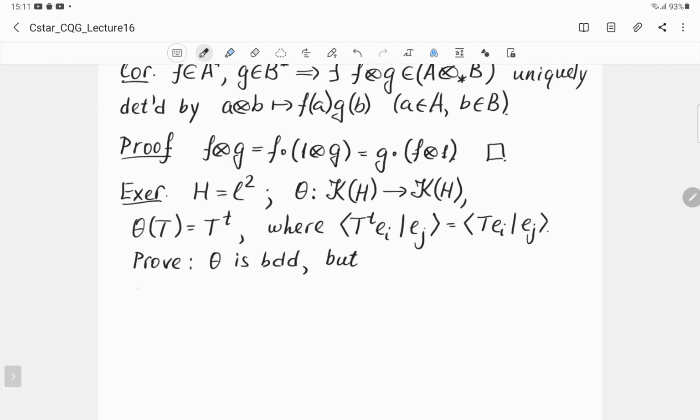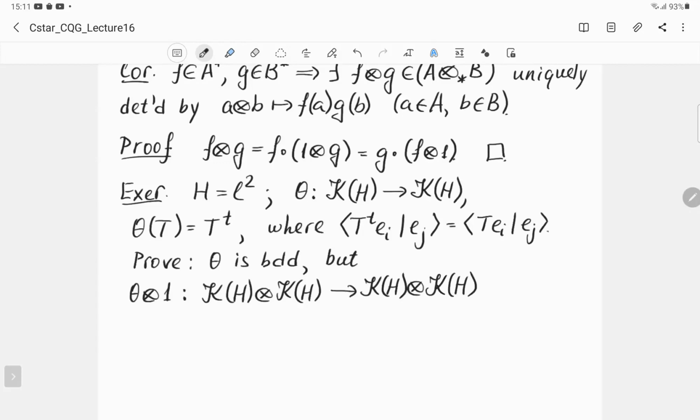But if we consider the tensor product with the identity map, so this is a map which takes K of H tensor K of H to itself, this map is unbounded with respect to the spatial C-star tensor norm.